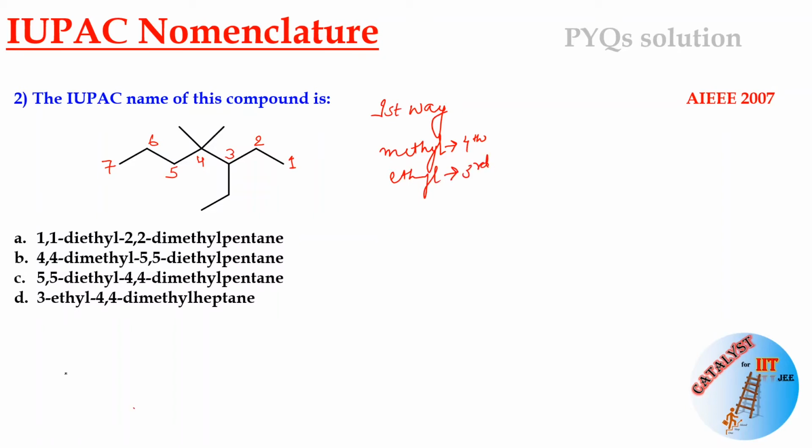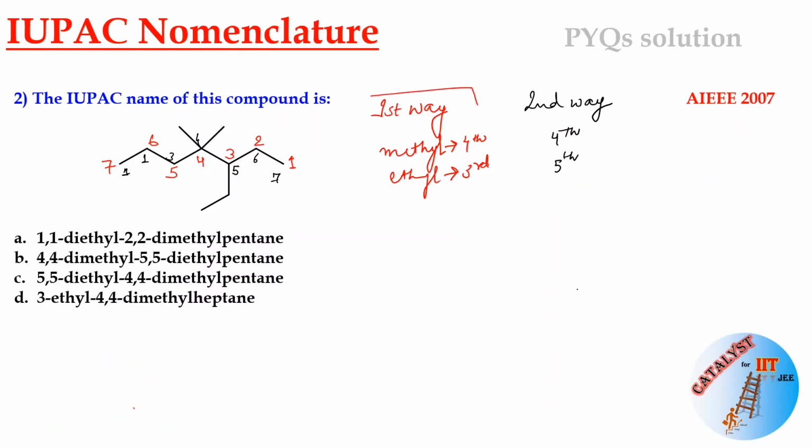But if you start numbering in the other way, 1, 2, 3, 4, 5, 6 and 7, in the second way methyl got the 4th position, but ethyl got the 5th position. So according to the rule, you have to give the lowest possible number to all the substituents.